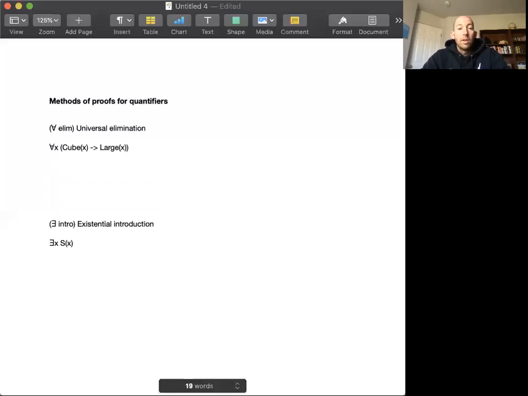So in this case, if I had the universally quantified sentence, for all x, if x is a cube, then x is large, and let's say b is the name of an object in our domain, then I can write out this sentence: if b is a cube, then b is large.